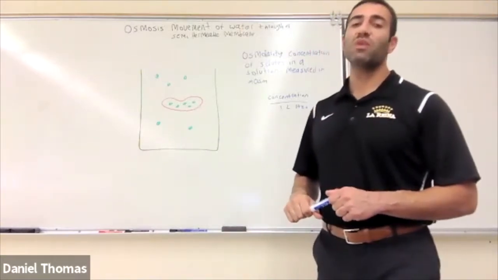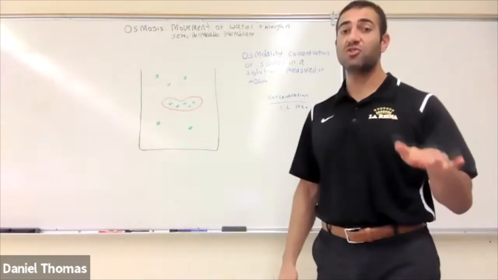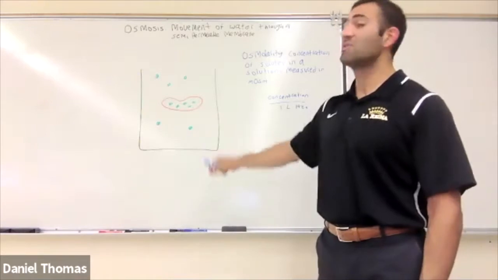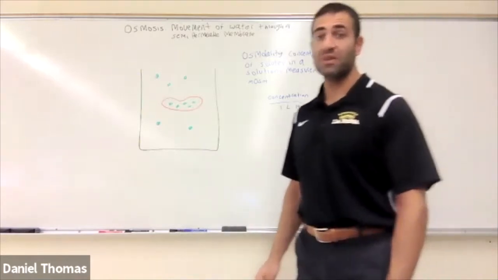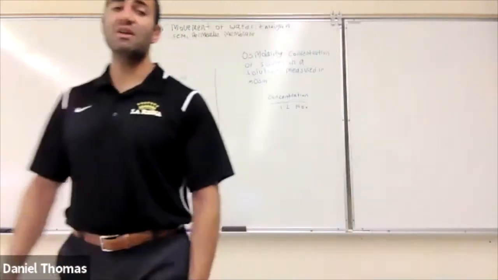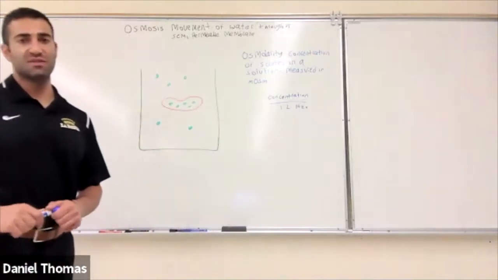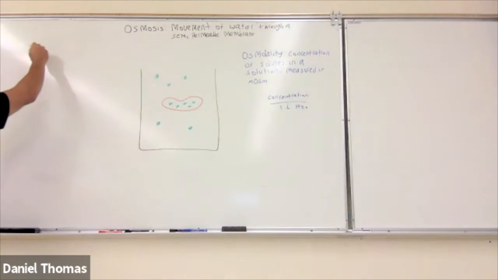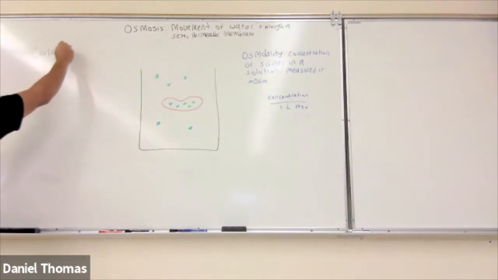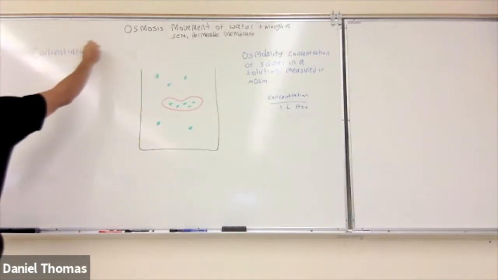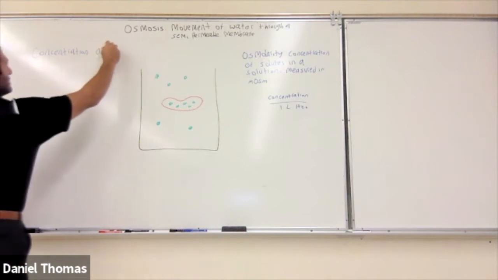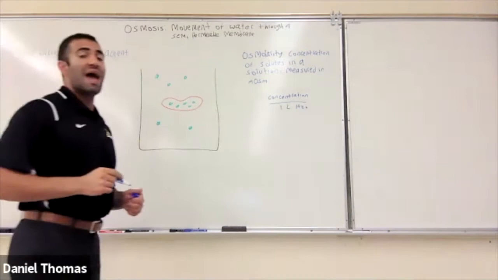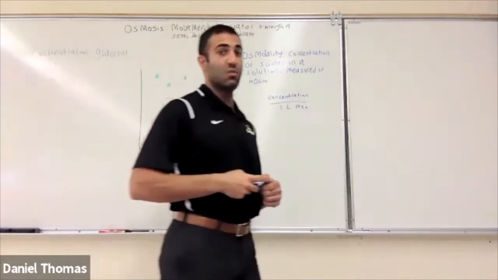Now, whenever we are comparing two sides, two environments, as far as osmolarity goes, it's going to be in terms of concentration gradient. So let's talk about a concentration gradient here. Concentration, we've already defined, is how many molecules are dissolved in water.